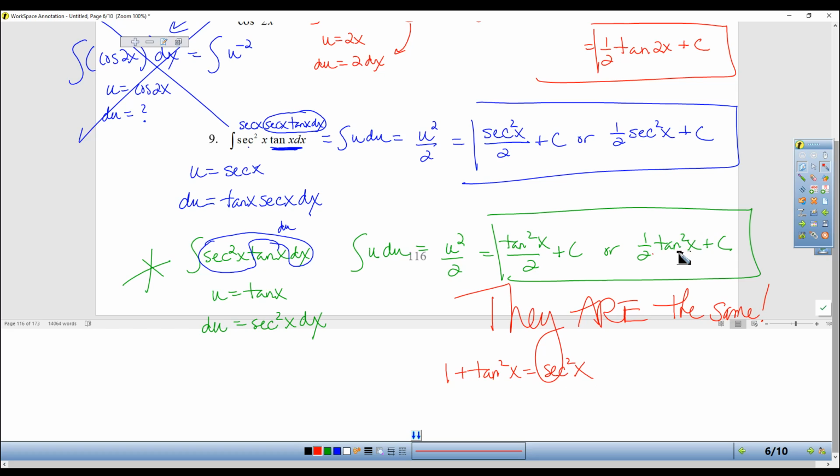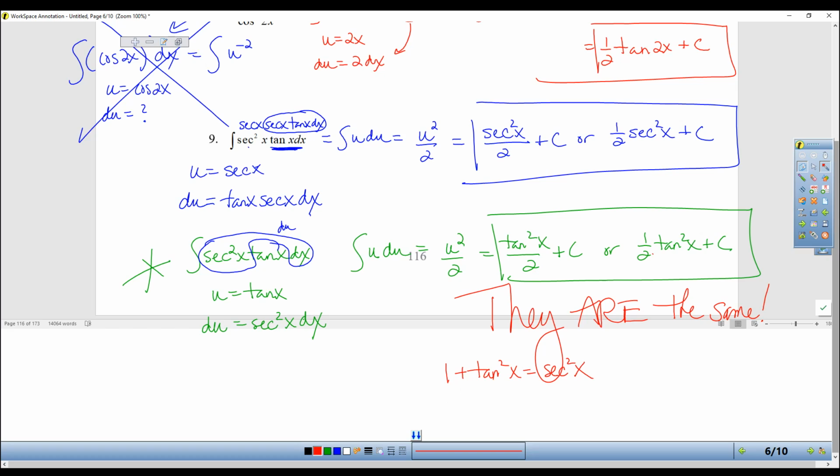So tangent squared and secant squared only differ by a +1. So it just means that whatever this c is, it must be 1 more or less than this c, because tangent squared and secant squared are pretty much the same thing, just a difference of 1.